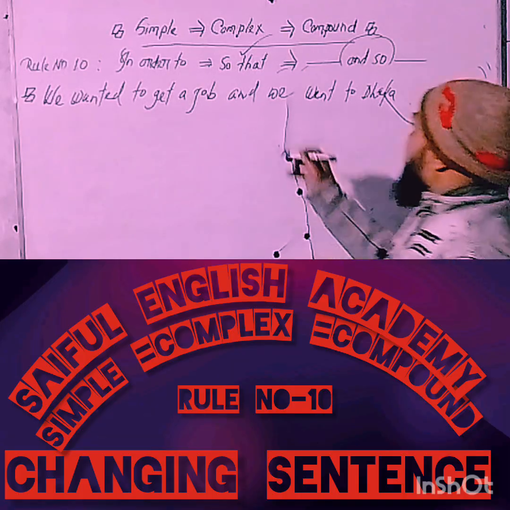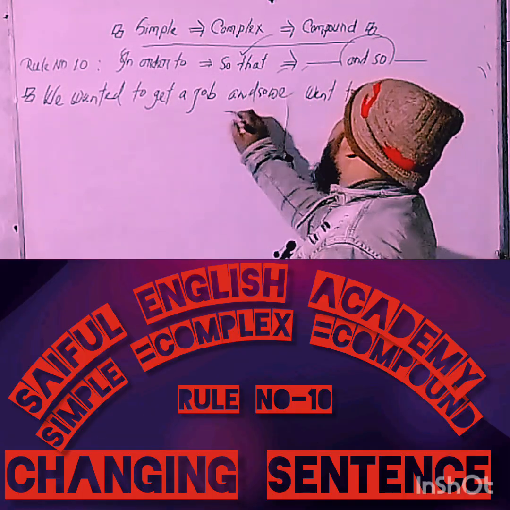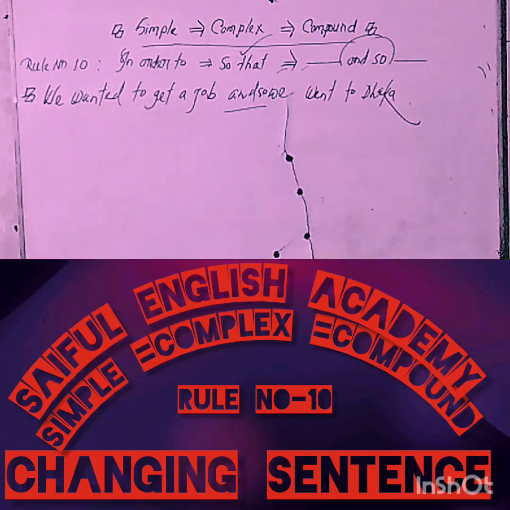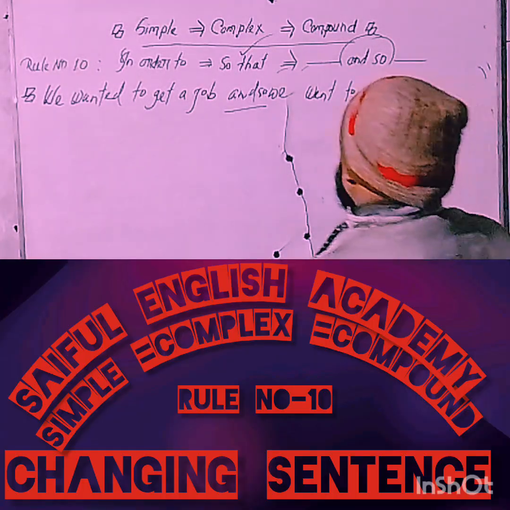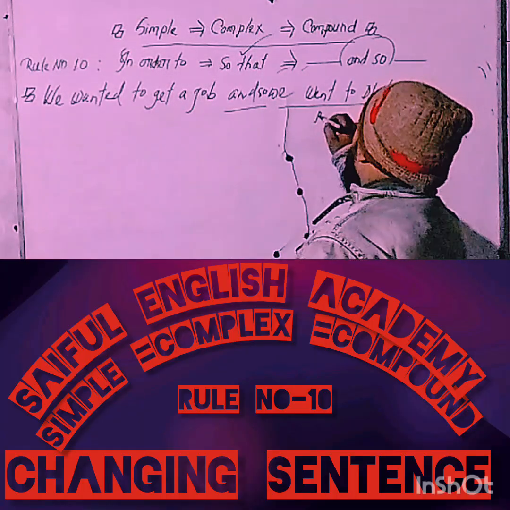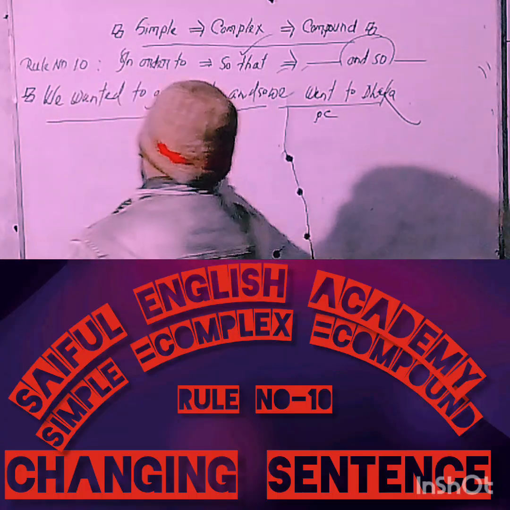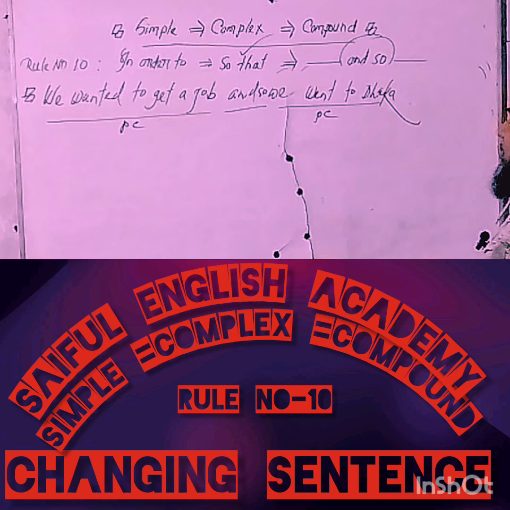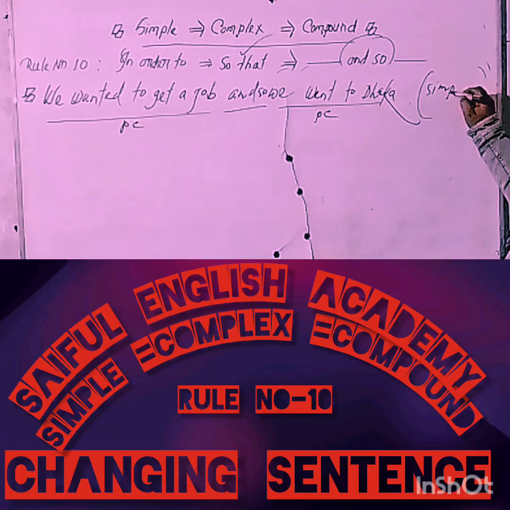Okay, my dear, let's take a look at the board and try to understand. So, this sentence is a compound sentence because this sentence has two principal clauses joined together by a coordinating conjunction, and suppose you are told to change this sentence into a simple sentence.